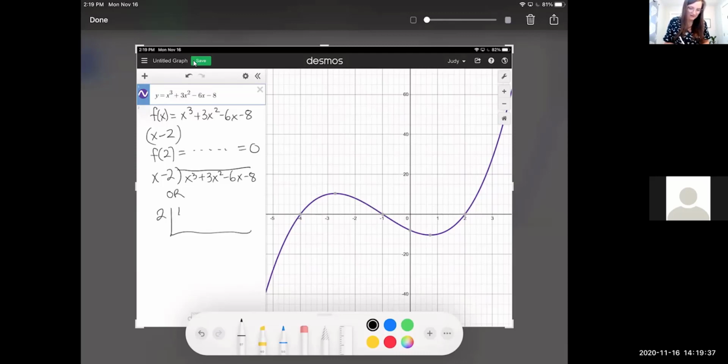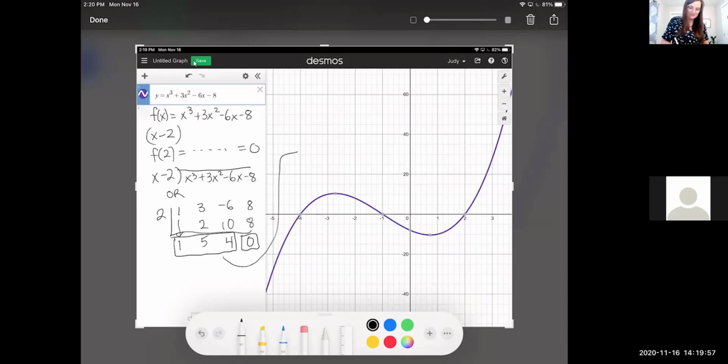In this case, that would be 1, 3, negative 6, 8. So if we do that, drop the first number, multiply by 2, add. Multiply by 2, add. Multiply by 2, add. Look at that. We get a remainder of 0, and this is the rest of it.